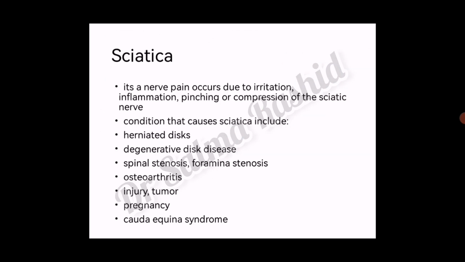Now what is sciatica? It is nerve pain that occurs due to irritation, inflammation, pinching or compression of the sciatic nerve. Conditions that cause sciatica include herniated discs, which is the most common cause, then degenerative disc disease, spinal stenosis, foraminal stenosis, osteoarthritis, injury, tumor, pregnancy or cauda equina syndrome.